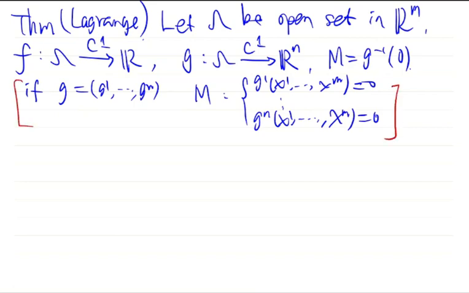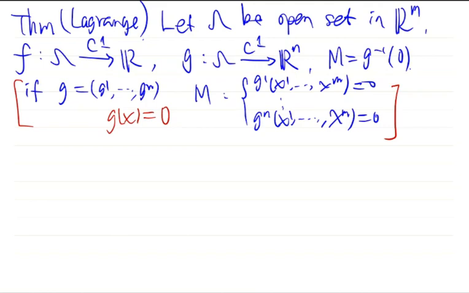The set M is the constraint set, determined by n equations of m variables, a subset of R^m. With the vector valued function, this is simply G(x) = 0.